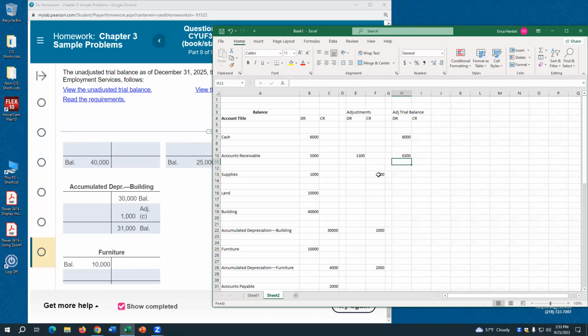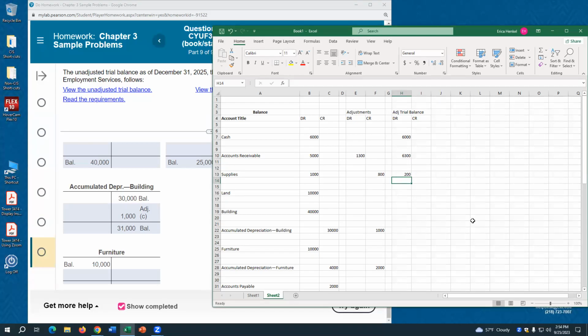So we need to net those against each other. One goes one way, the other one goes the other way. So 1,000 minus the 800 gives us just 200 left. And if you are unsure of what your balance should be, you can scroll back up to the T account for that one up above and look at it. But it's faster if you understand how to work through it on the worksheet side, because then you don't have to be scrolling up and down the whole time.